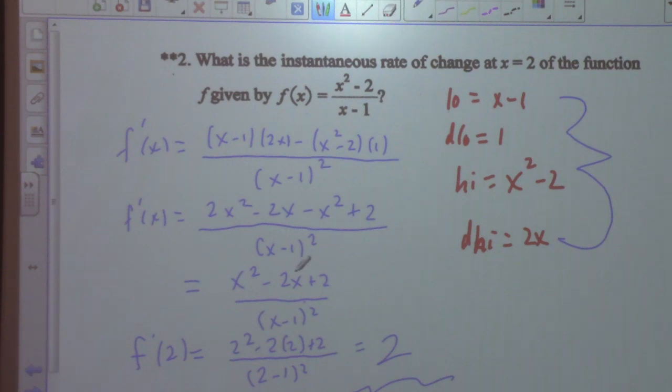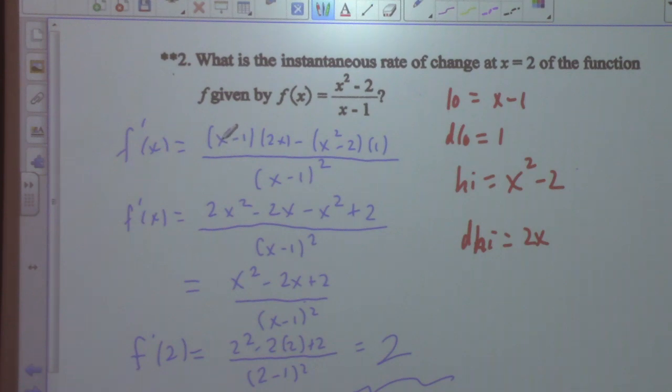Yeah, so that's a typical, pretty easy problem. One thing you can do, and it's almost as easy, is you could go ahead and substitute in 2 right up here, can't you?